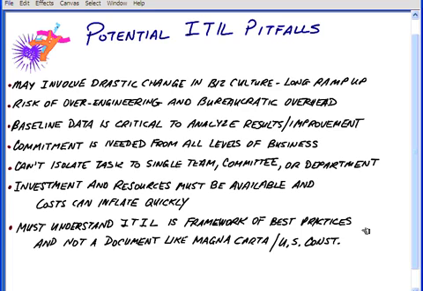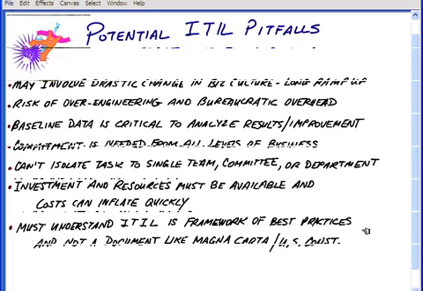It's a framework of guidelines. And if you keep that in perspective, it will help you to have the right approach to implementing and deploying ITIL service management. Well, that being said, we're going to move beyond some of these introductory topics as we start getting into the meat of the ITIL and all the different topics that will be tested on the Foundations exam.